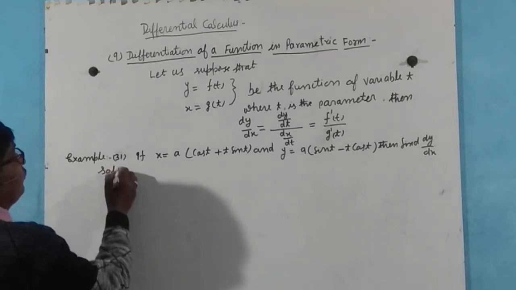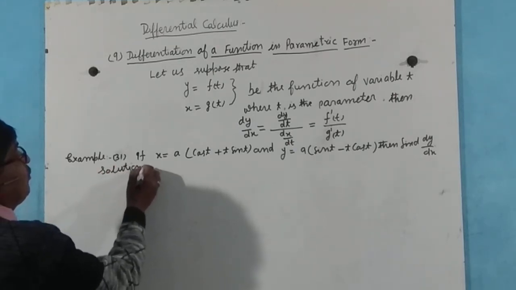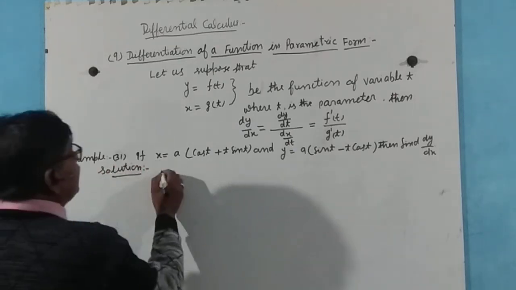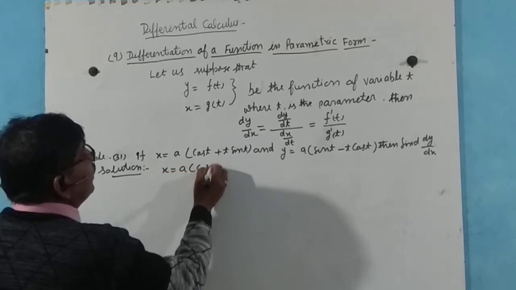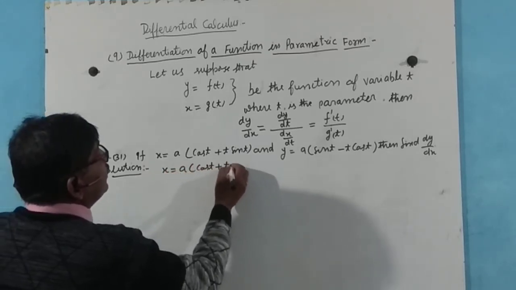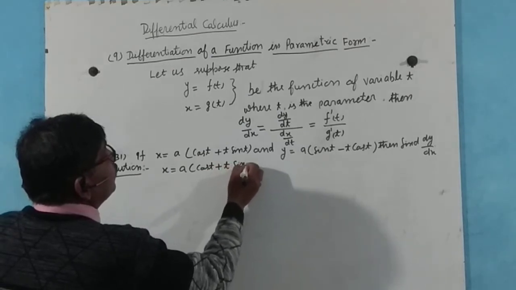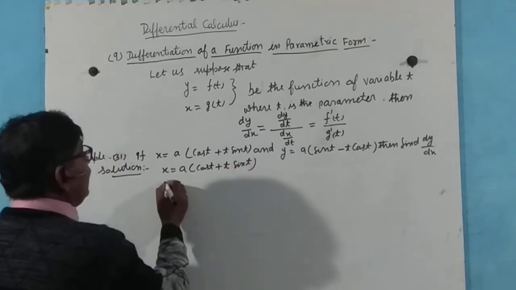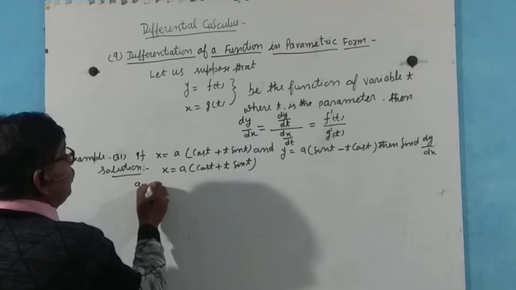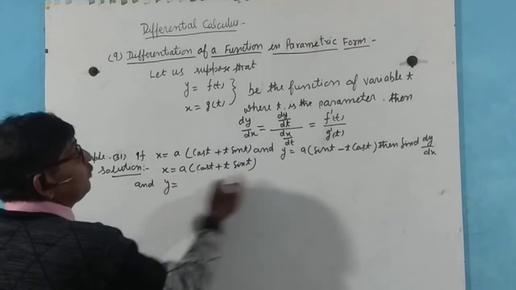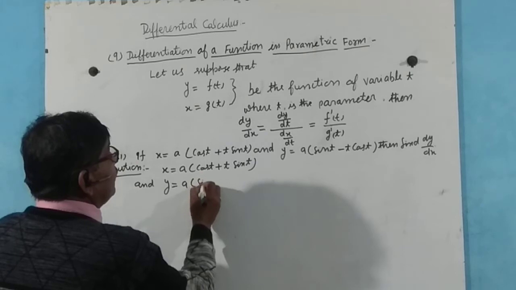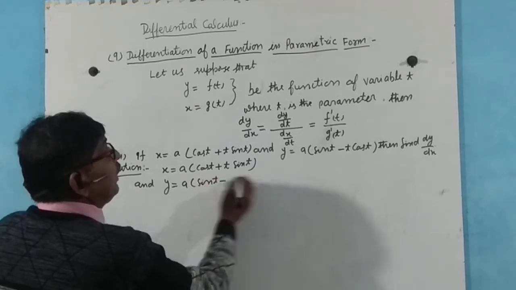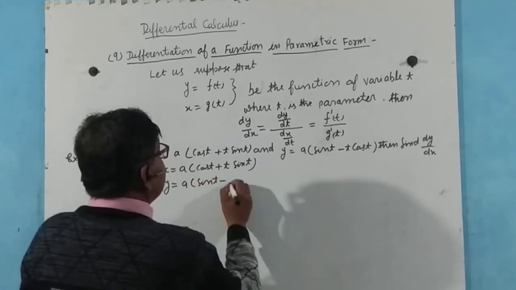Solution: x equals a(cos t plus t sin t) and y equals a(sin t minus t cos t).